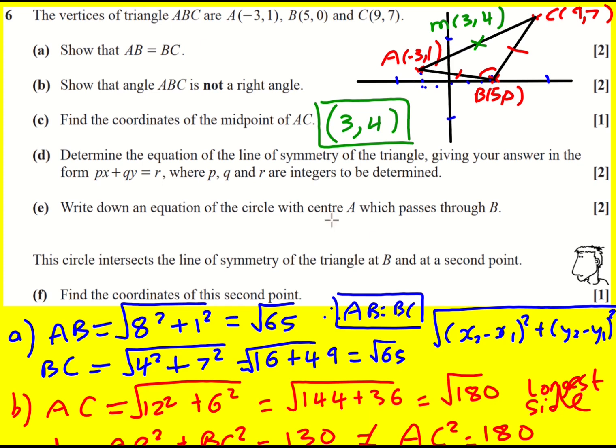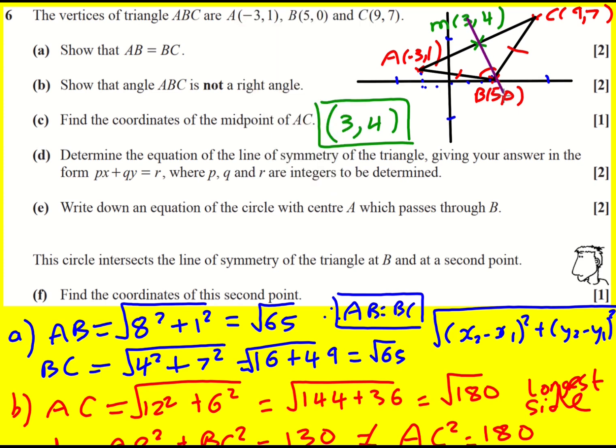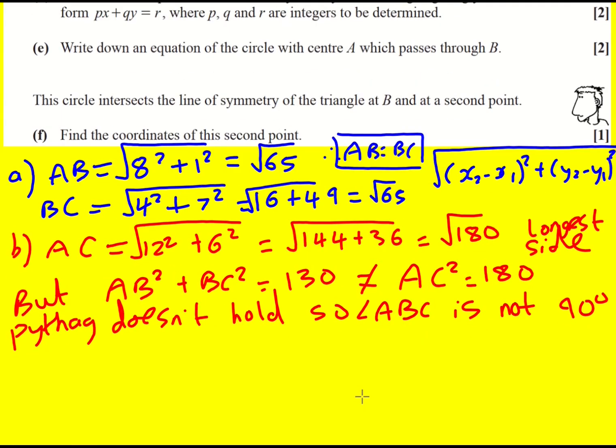Now determine the equation of the line of symmetry of the triangle, giving your answer in this form. Okay, so the line of symmetry is going to go from the midpoint through B. Necessarily, it's going to look exactly the same either side. So what I'm going to need to find is the gradient of, first of all, AC or AM. Let's go with AC.